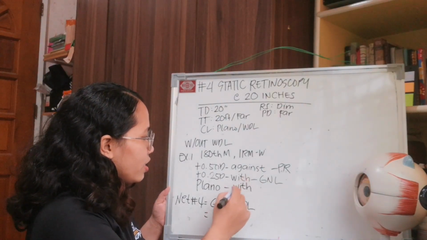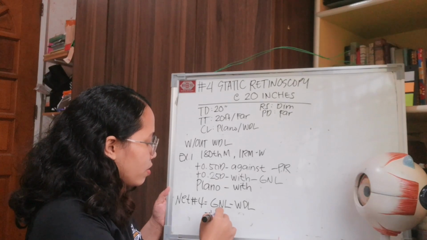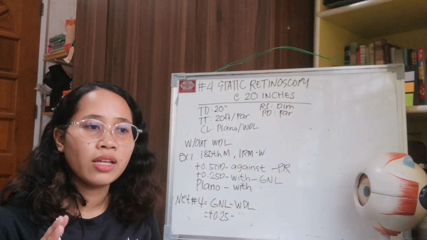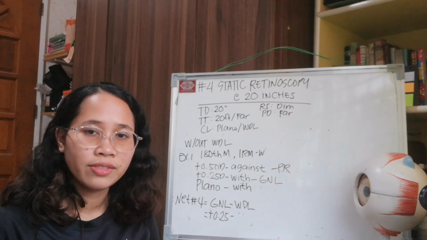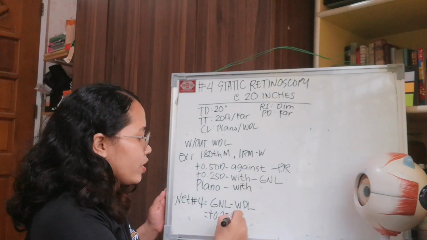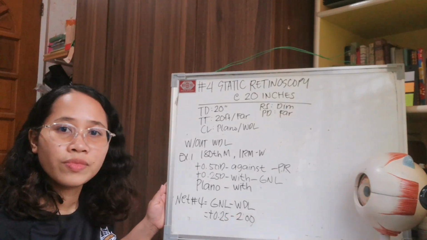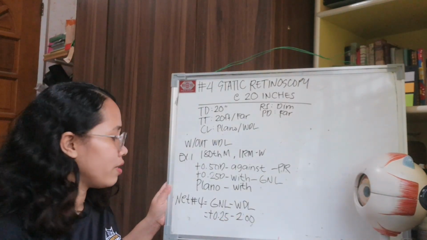So GNL is plus 25. The WDL does not have a sign. So this will become 2. Hope you can see it properly.